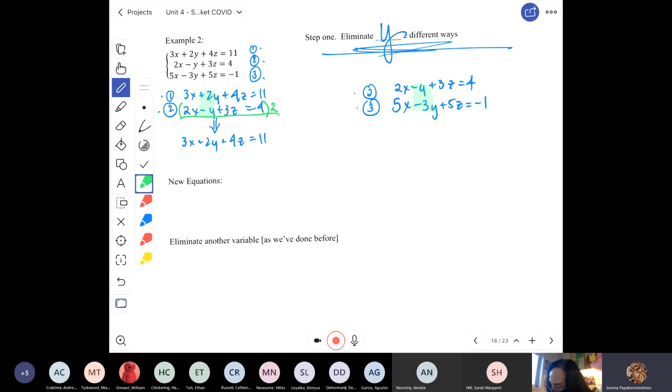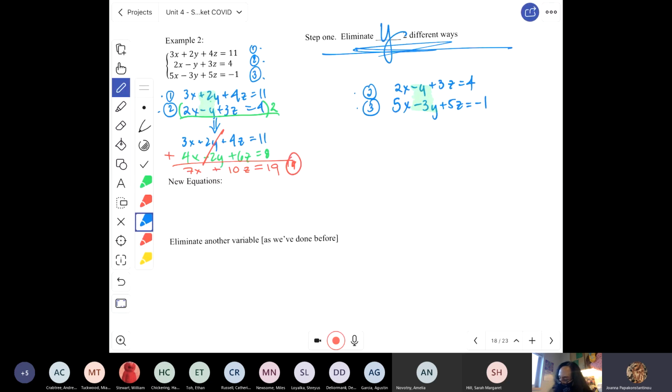So my new second equation is going to be 4x minus 2y plus 6z equals 8. So now my goal was to eliminate y. Did I eliminate y? Absolutely. My new reduced equation is this, and I'm going to call that equation 4.